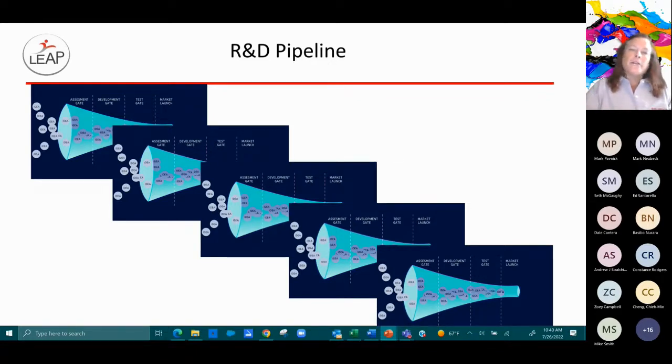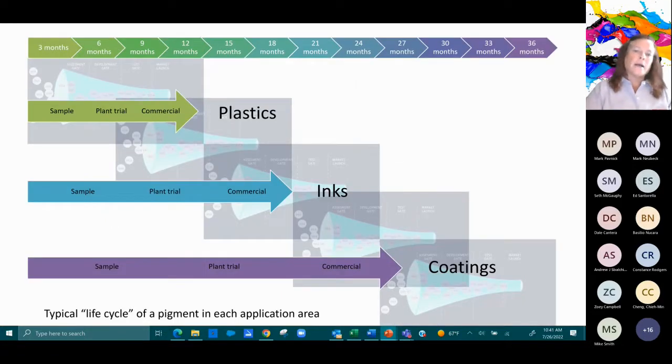Now, this is on the front end, the development pipeline. So if we compare this to when a product is launched and we introduce it to our customers, that makes it a little bit more important to make sure we have a full pipeline.